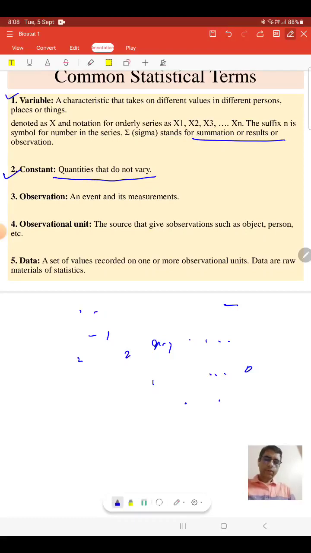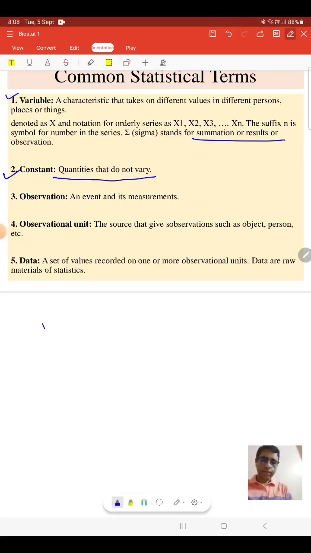Certain ratios are used for calculations in measurements in population-based observations; we shall come to that. There are certain constants which are used.